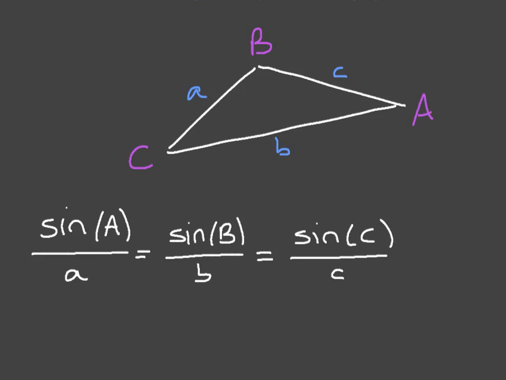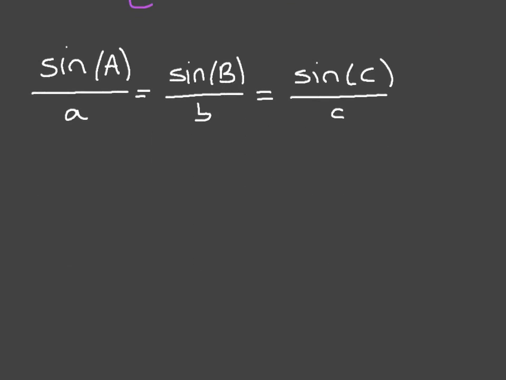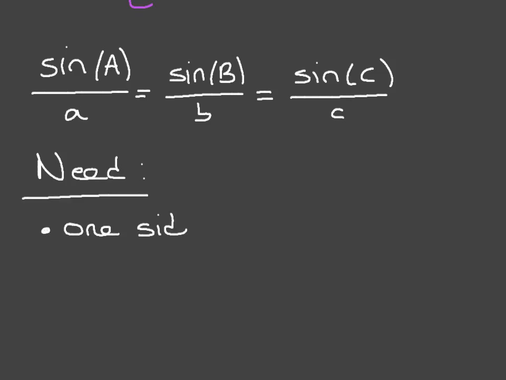Now, to use the sine rule to find unknown angles, we'll always need two bits of information. First, one side length, and this is very important, and its opposite angle.